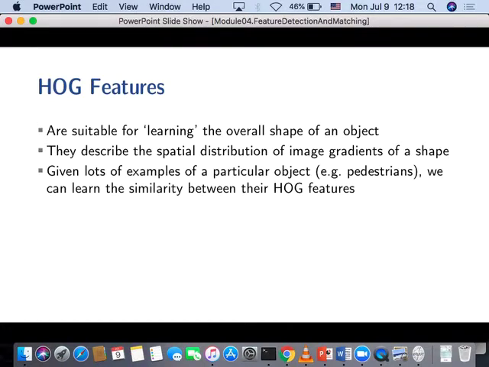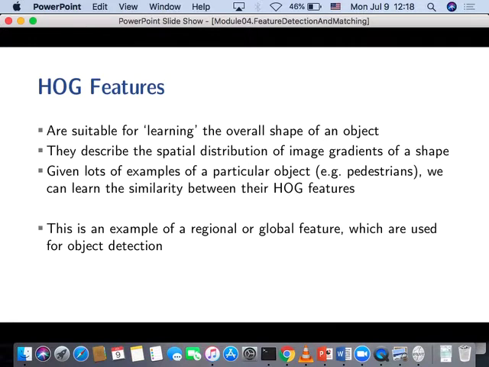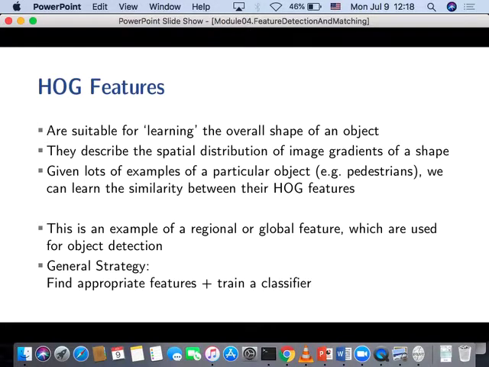Given a lot of examples of a particular object, for example pedestrians, we can learn the similarity between their HoG features. I'm giving this to you as an example of a regional feature, or maybe a global feature if you compute it for the whole image. These types of features are used in object detection: you find appropriate features and train a classifier.